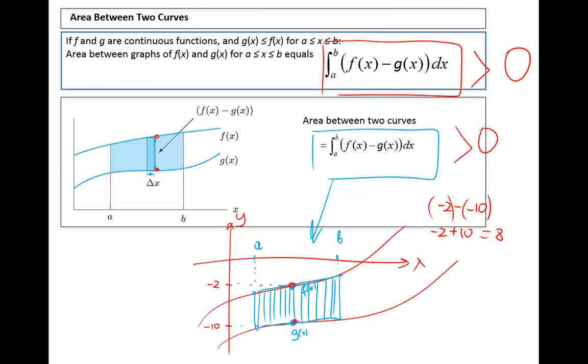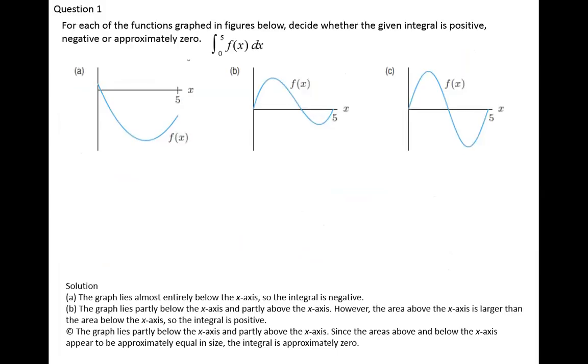Okay. Now let's look at a few examples. Oh, we shouldn't see the solutions, but that's okay. For each of the functions graphed in the figure below, decide whether the given integral is positive, negative, or approximately 0. Okay, what do you think? Is this integral, oh, we do have a little bit here.